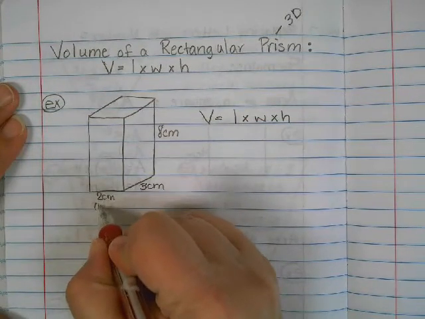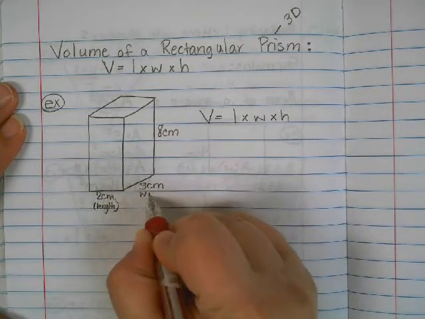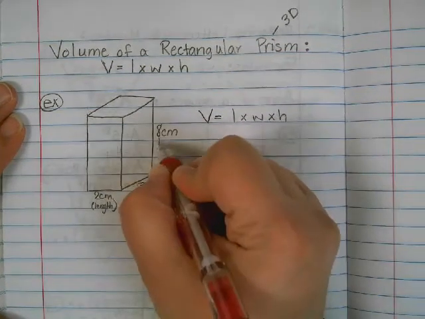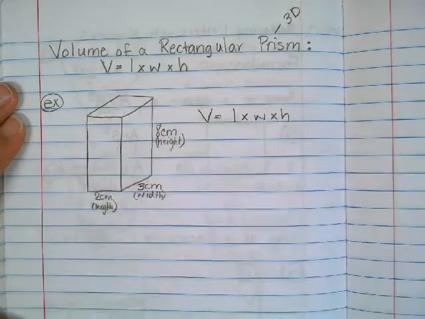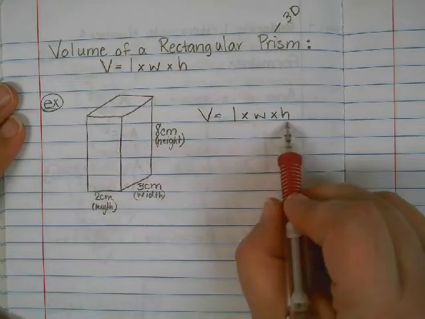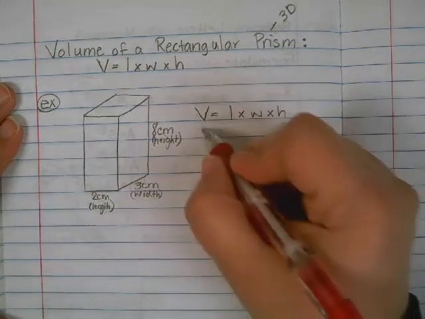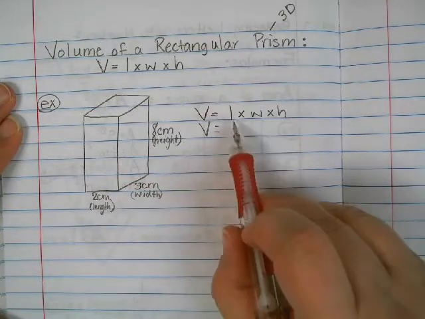This is your length. This is your width. This is your height. So the first thing I do is I write out the formula, volume equals length times width times height. The next thing I do is I substitute in numbers for each letter.